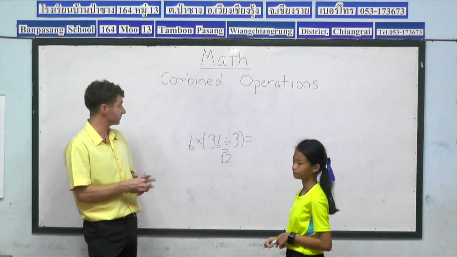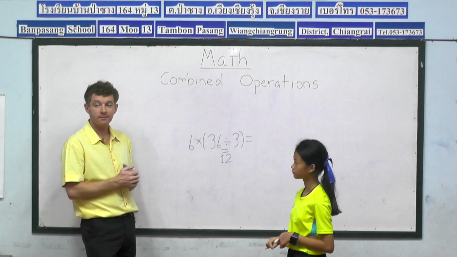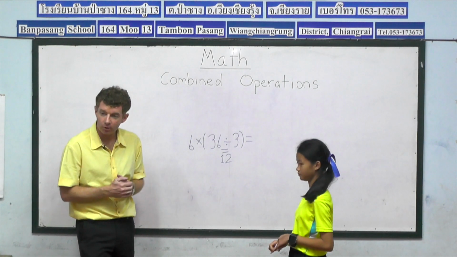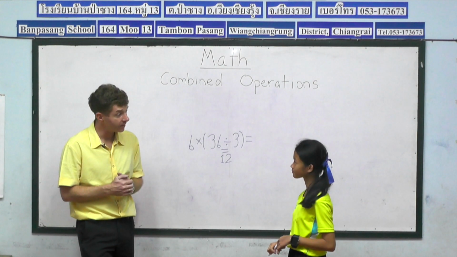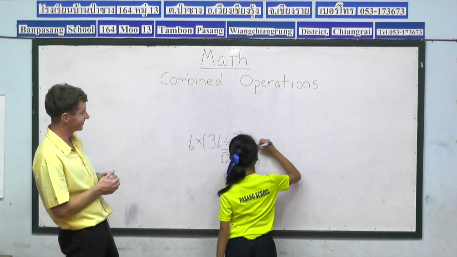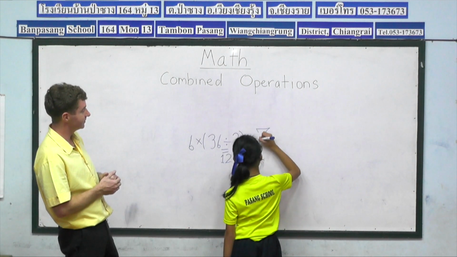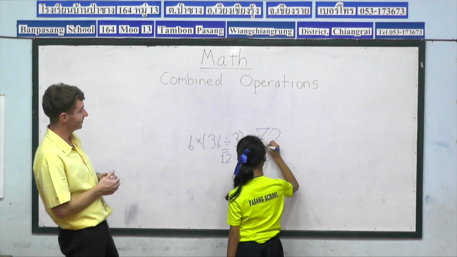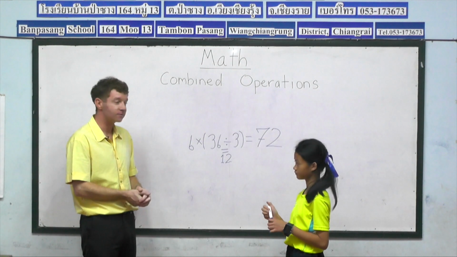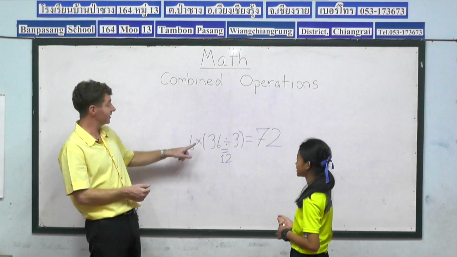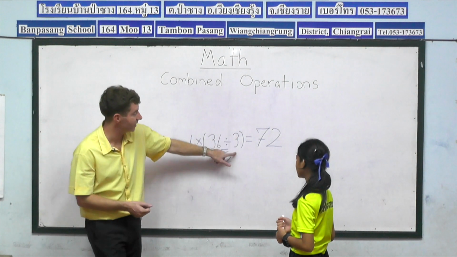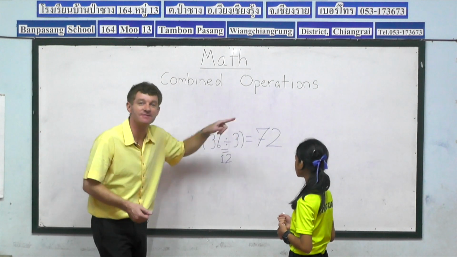What's our next? 6 times 12 equals 72. Are you sure? Is that correct, Dan? Okay, if it's correct, you can write the answer in the space. 7, 2. That's brilliant. So all together, guys, are we ready? And Dan, you can say it now. 6 times 36 divided by 3 equals 72.